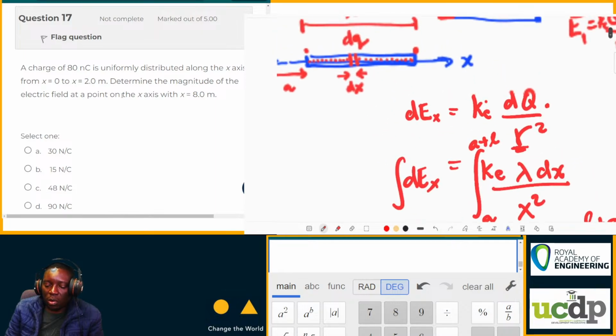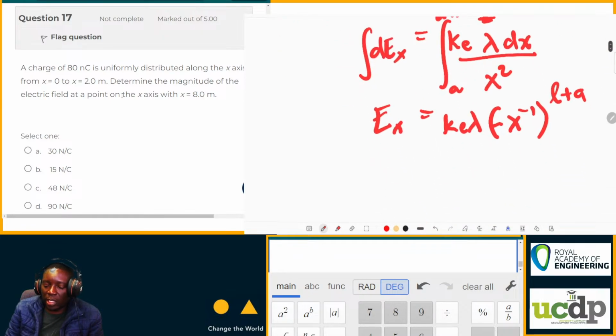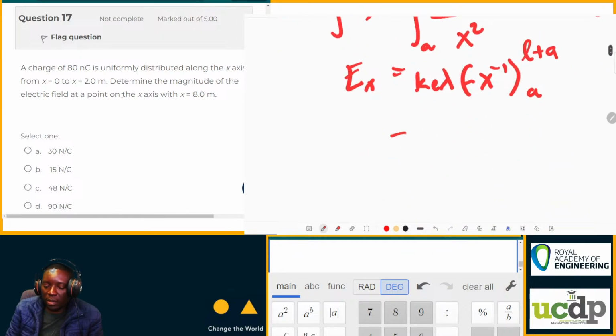So this is all the charge elements that contribute to the overall charge through the length of the distribution. So from A to L plus A, which is Ke lambda times minus 1 over L plus A minus negative 1 over A.